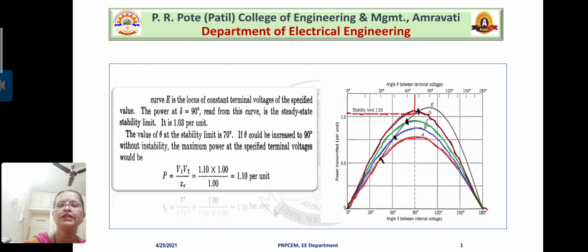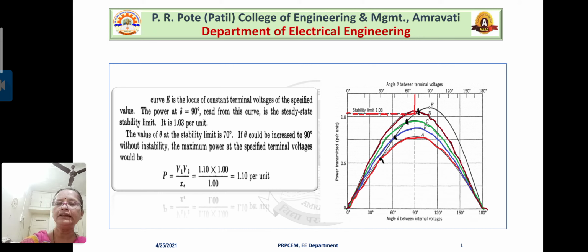You can now see all these curves. I have shown all these curves in different colors. For curve A, you can observe Pmax is 0.55. Then for curve B, 0.88 is shown by a black dot on that curve. Curve B is shown in purple.